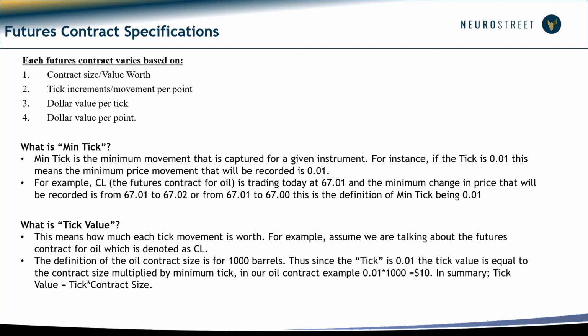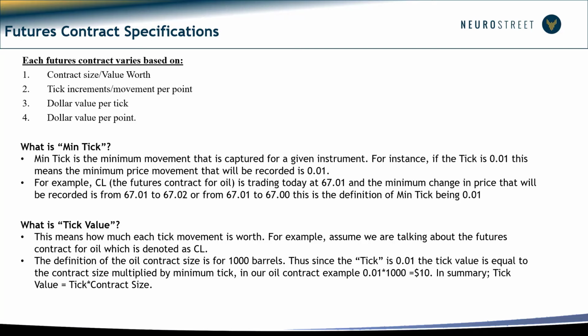Futures contracts are the same. They're contracts tracking different underlying assets, so their valuations are going to be different. Every time the market goes up or down an increment, in futures we call them ticks, in stocks we call them cents or pennies, and in Forex we call them pips.